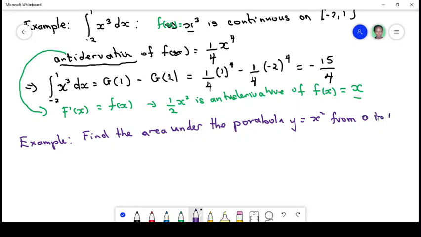Alright, so we know how to find the area under a parabola.